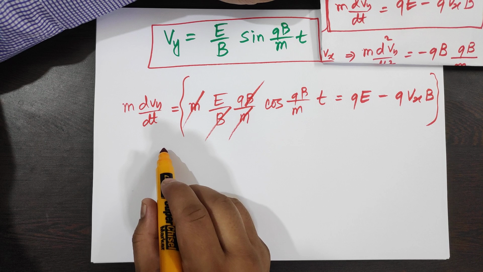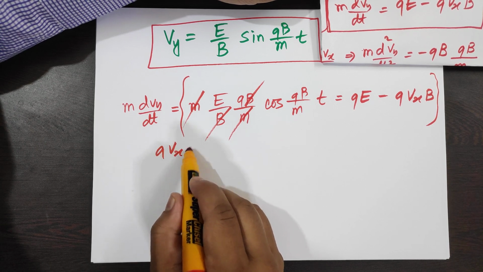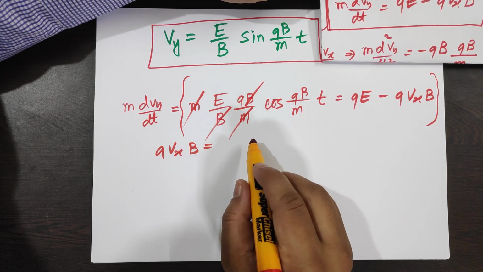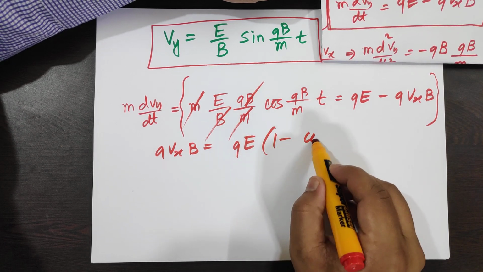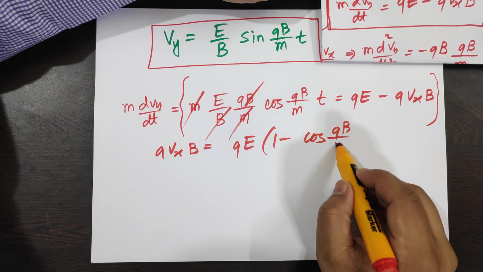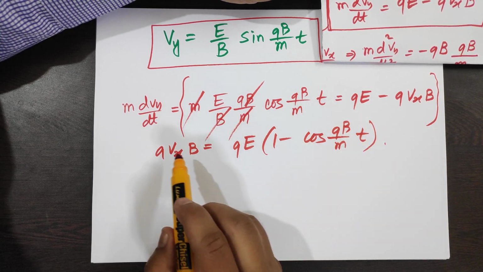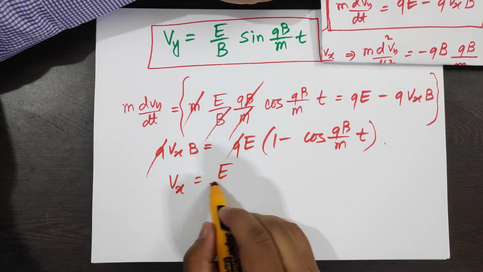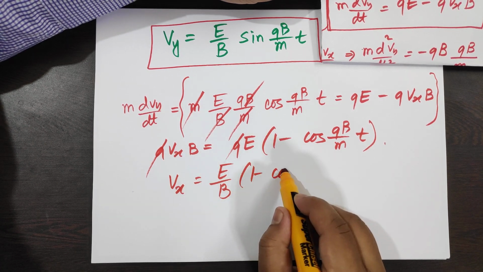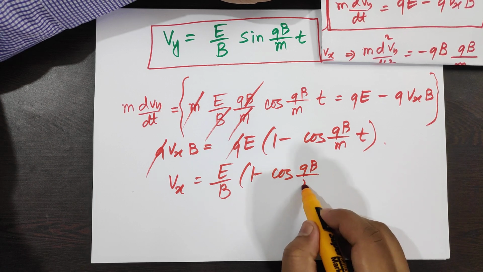So here what you get? qVx times B equal to qE into 1 minus cosine qB by m times t. Here q will cancel, so Vx equal to E by B into 1 minus cosine qB by m t.